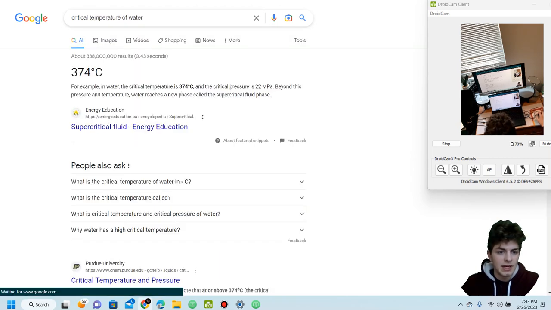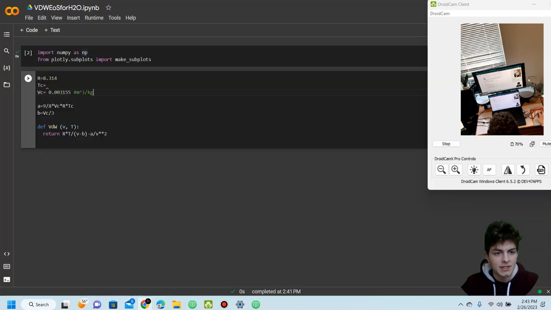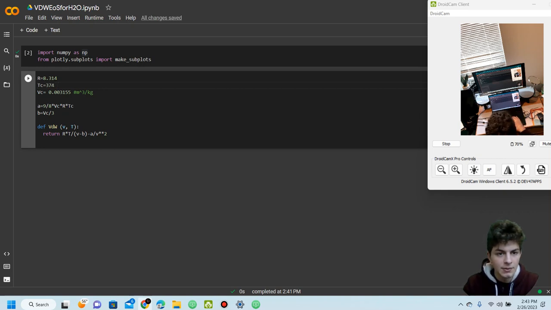It should be quite high. It's 374 degrees Celsius, and we can convert that to Kelvin by our simple addition problem there. There we are. Awesome.